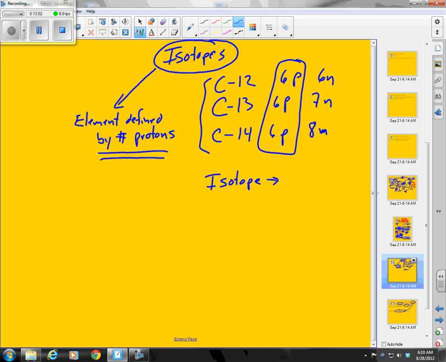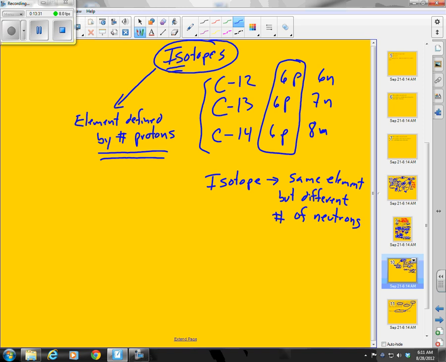That is a case where you have the same element, but different number of neutrons. Okay? And we call those isotopes. Iso meaning same, right? Good. Isotope: same element but different number of neutrons.